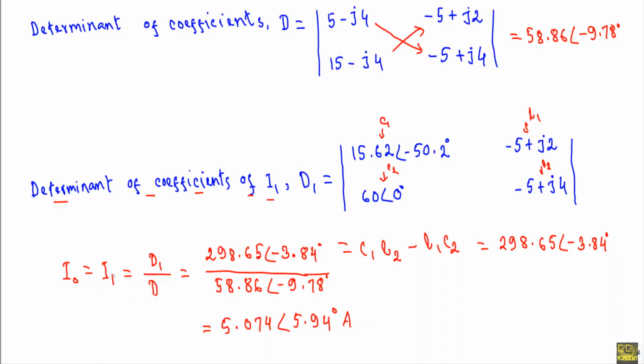This indicates that in the circuit the magnitude of current I1 or I0 will be equal to 5.074 ampere, and the phase angle of current will be leading at an angle of 5.94 degree to the applied voltage in the circuit.